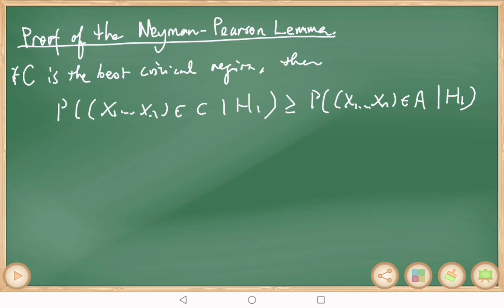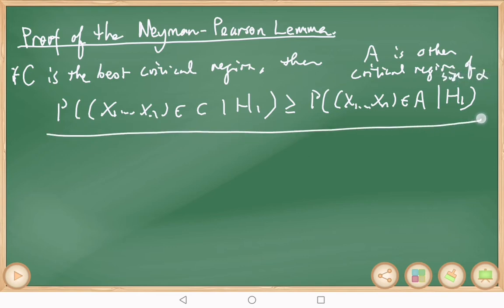So A is the critical region of size alpha. So this is what we need to show.